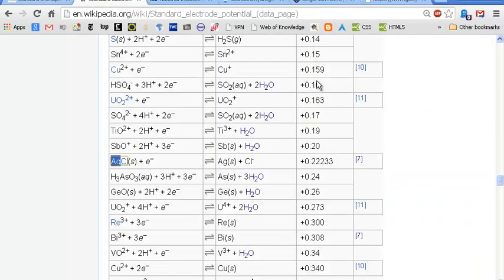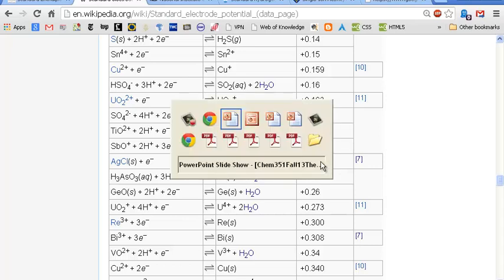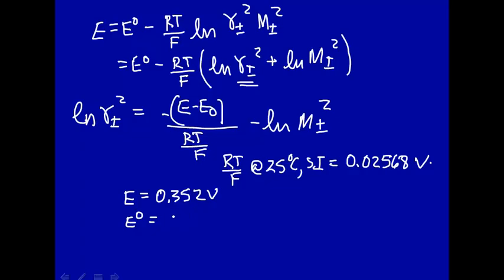Standard electrode voltages. Here we go. Silver chloride going to silver. So we're putting one electron on that Ag plus to make silver. 0.22233. That's the reduction potential, and we're referencing that against the standard hydrogen electrode, which is 0. So E0 for this would be 0.22233.